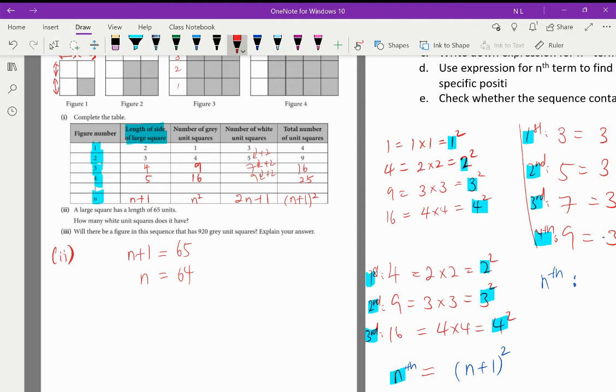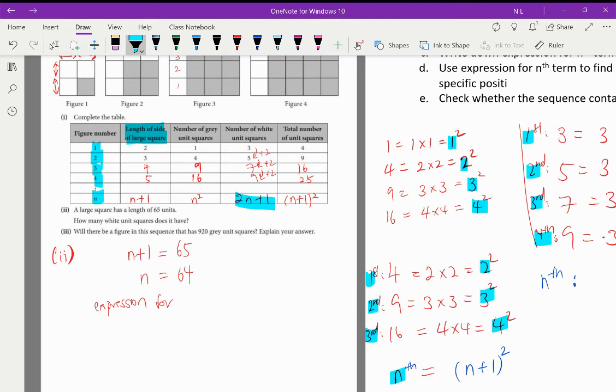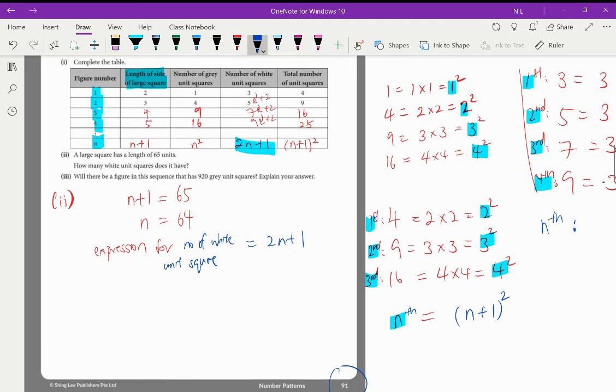Since we know that n equals 64, we can use the expression for the number of white unit squares, which is 2n plus 1. Okay, this statement you don't have to write. I'm just writing it down so that you can see what I'm talking about.